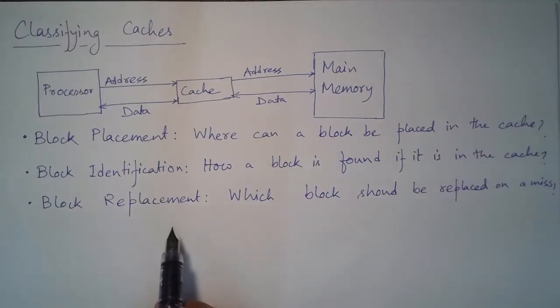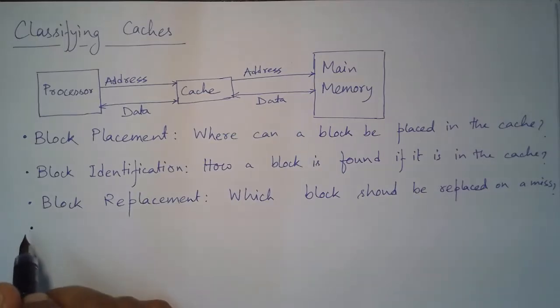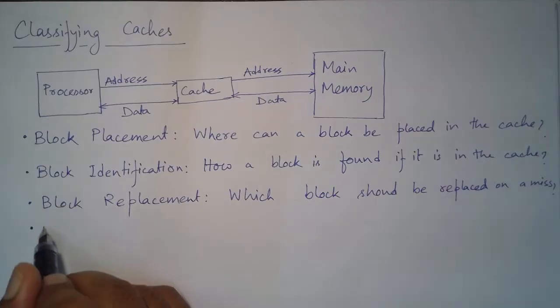So these are all possibilities which we will be talking about in our subsequent discussion. And then the final thing using which we can classify caches is basically write strategy.